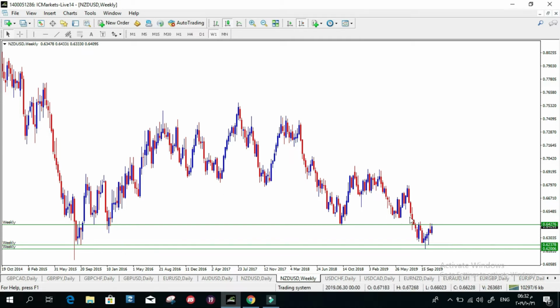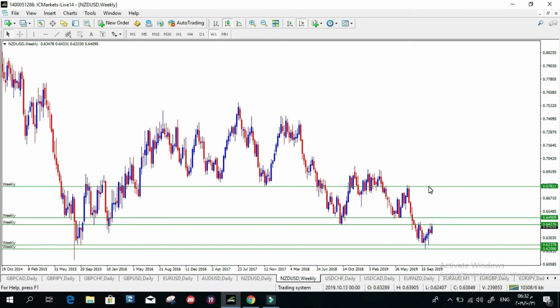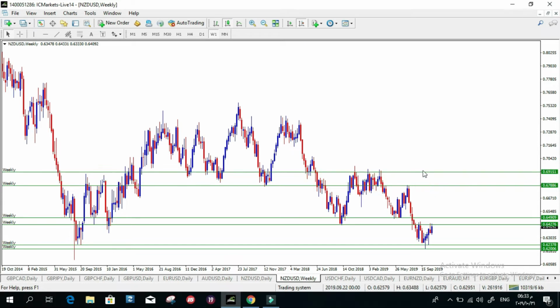Next we have this swing low, those lows connected with those lows and those lows over here. Next we have that major swing high, connected with those lows. Next we have those highs, we can connect them together like this.